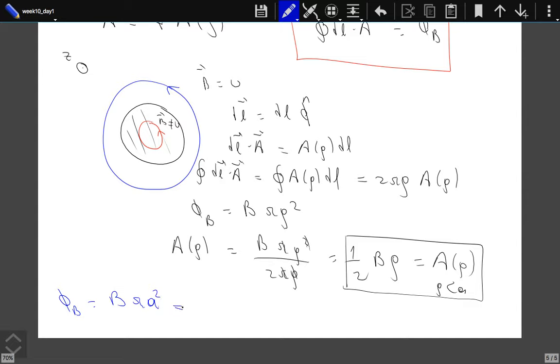But this means that A of rho will be B times pi a squared divided by 2 pi rho. And hence, I can cancel the pi's. I get B a squared over 2 times 1 over rho, for rho larger than a. So this is my A of rho.